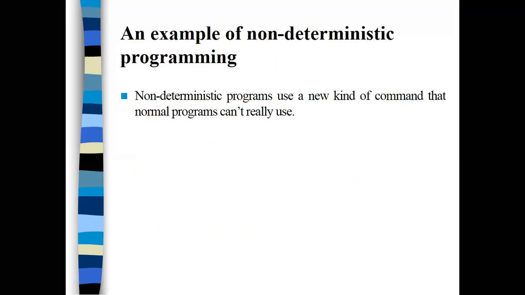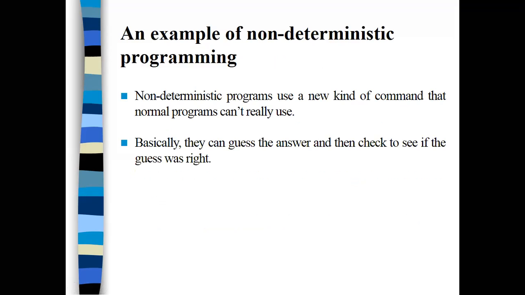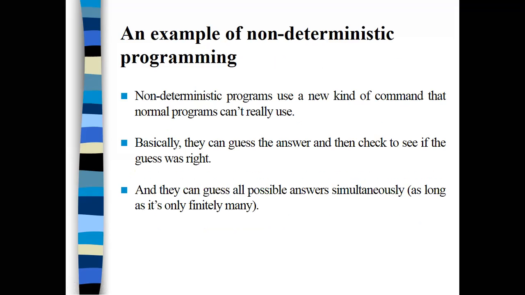An example of non-deterministic programming is here. Non-deterministic programs use a new kind of command that normal programs can't use, because P problems are small problems that we can solve in a very short time, so we don't need to go other ways to solve them. However, in non-deterministic programming, where we need much more time, we usually use different types of commands to solve the problem.